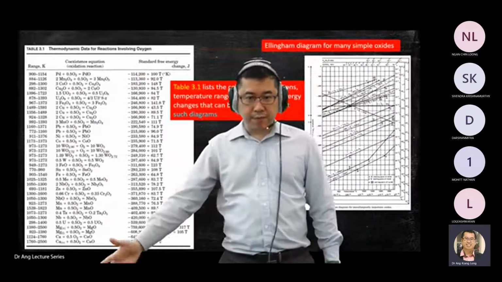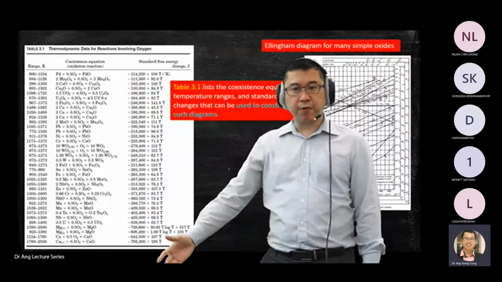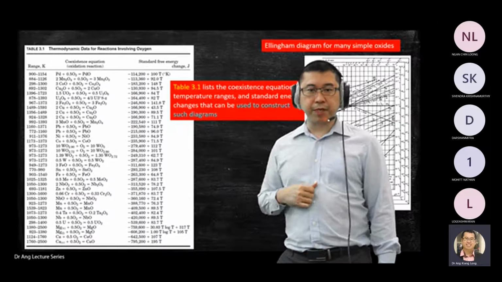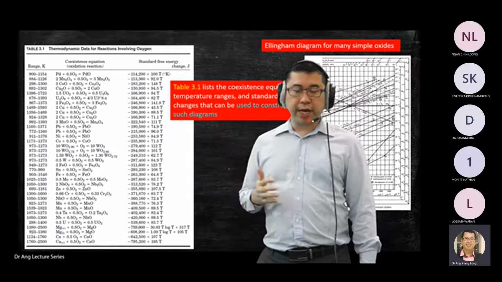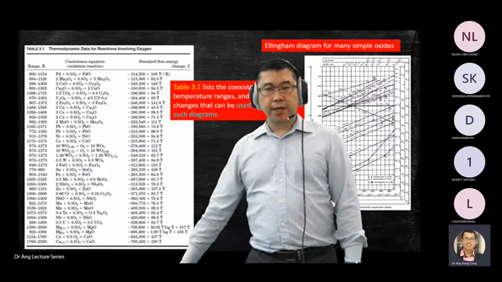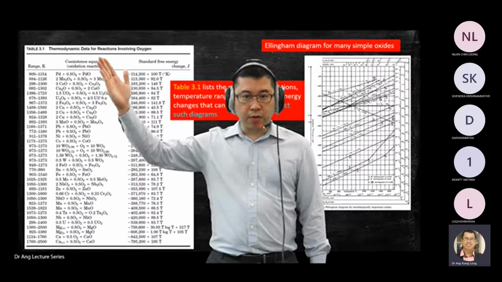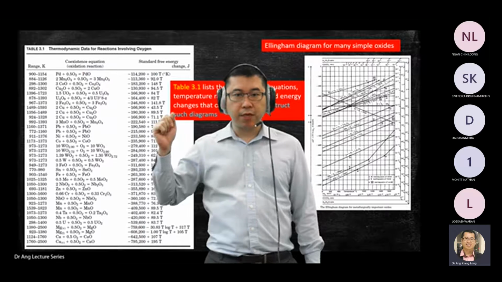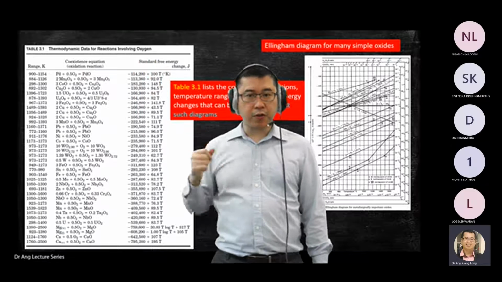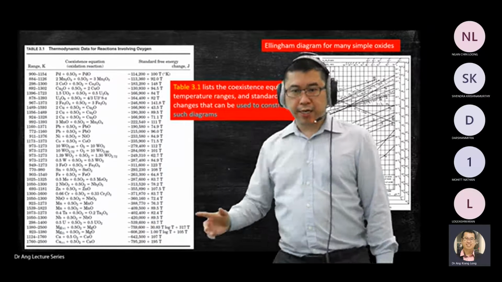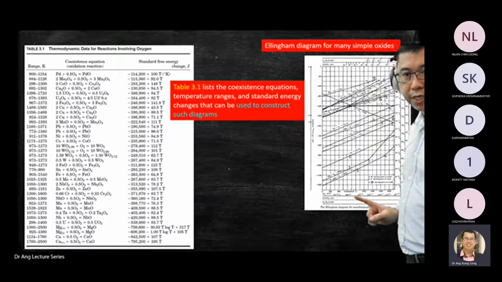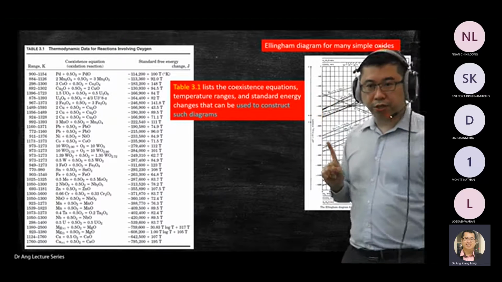This is the list. At least you've seen this table before. You can find this table in the material encyclopedia and also in the corrosion handbook or standard. So you have all this long list here. When you have the thermodynamic data for reactions involving oxygen, this data is to plot this axis, and then you plot the line over here with the energy.